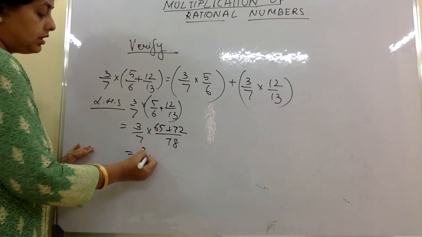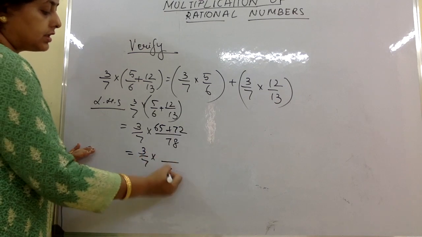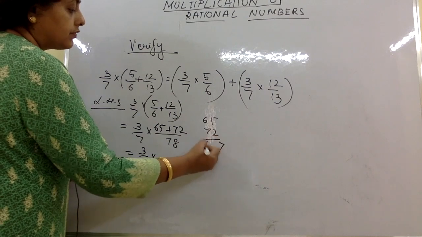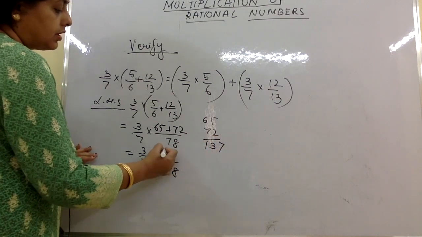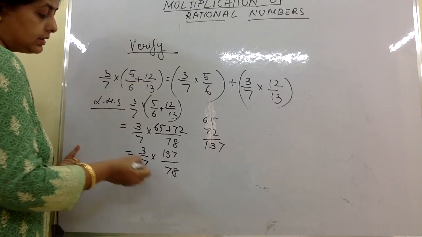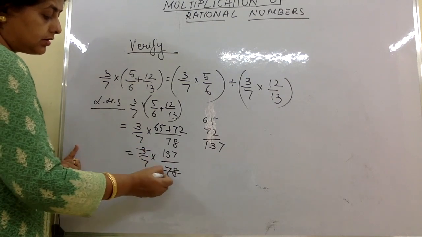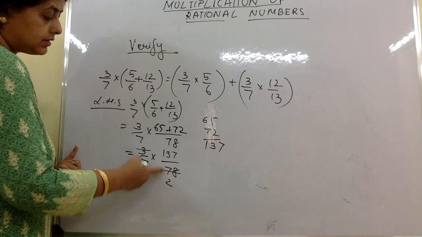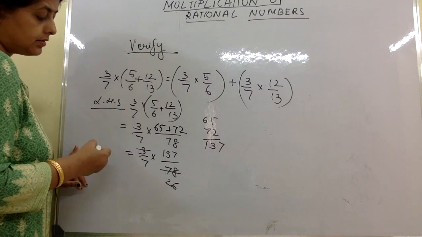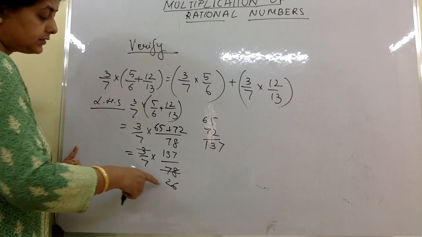Now 3 by 7 into, this is 78 here, and this is how much? 65 plus 72, 137, right? 137. Now does it cancel? This one goes by 3, 3 2s are 6, yes, 3 2s are 6, and 26.